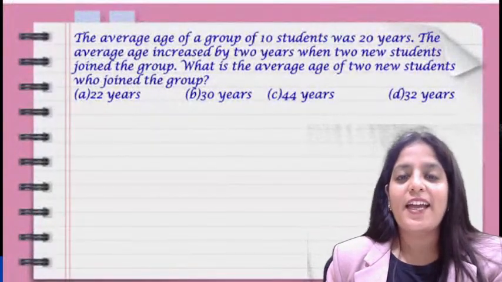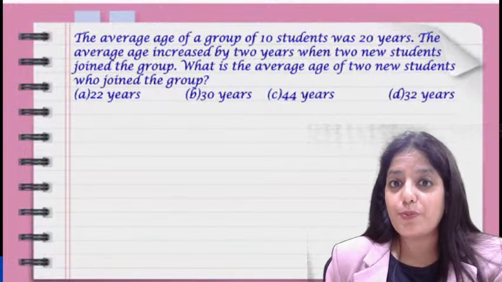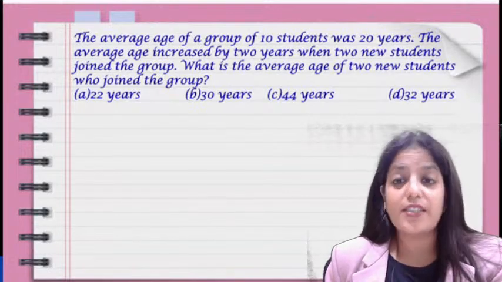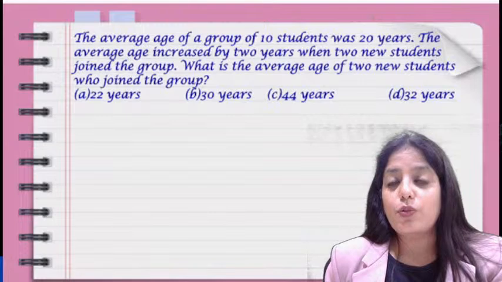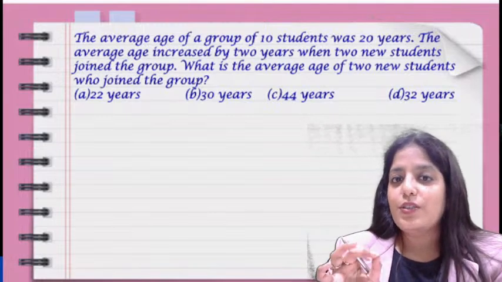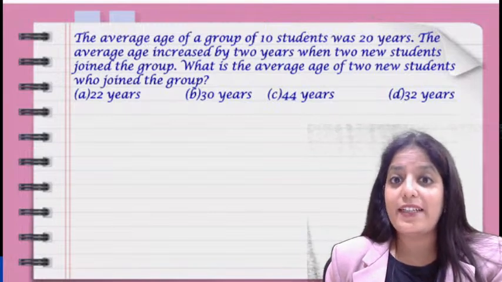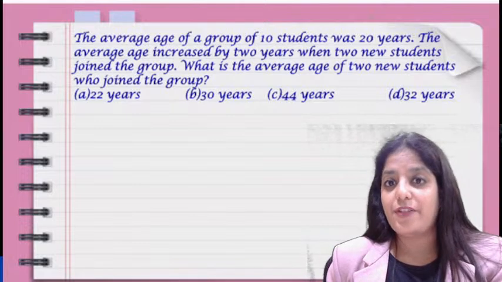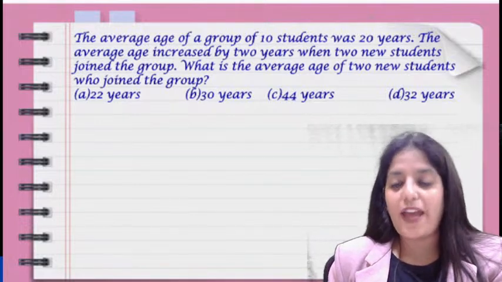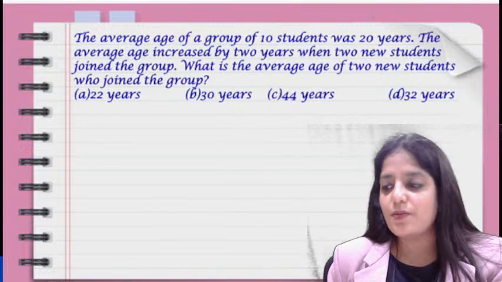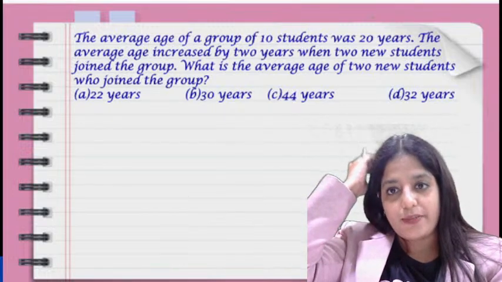It says, the average age of a group of 10 students was 20 years. We had 10 students and their average age was 20. So average age here simply means we are talking about mean if nothing else is mentioned.